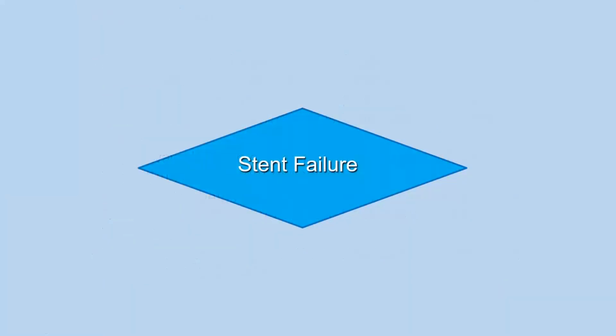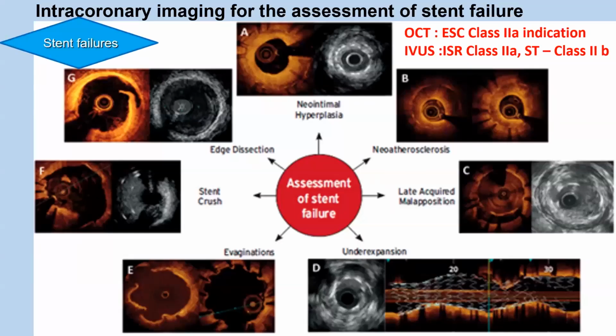Now imaging is also extremely useful in cases of stent failure. This again is one of the very important class 2A indications, both in patients with stent thrombosis as well as in-stent restenosis.